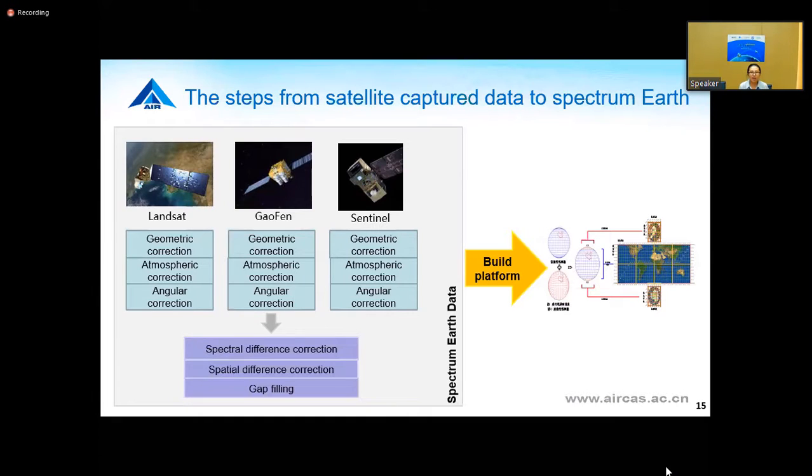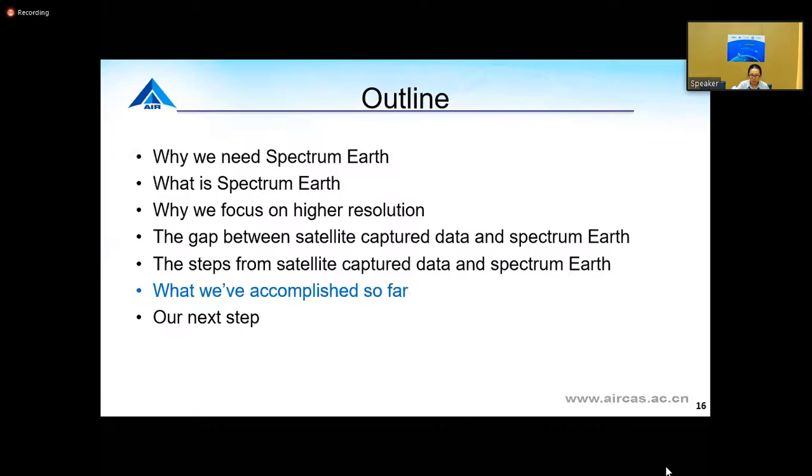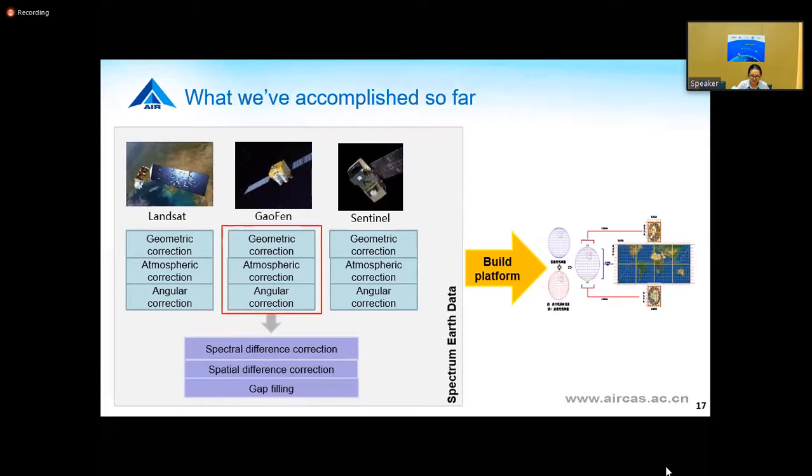And actually there is an expert saying this will take you tens of years to finish this project. We actually only started this project half a year, nearly 1 year ago. So what I'm going to say today is what we've accomplished, which is the processing for the Dolphin satellites.